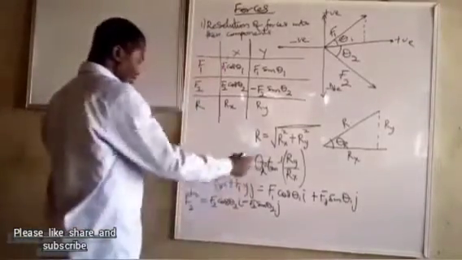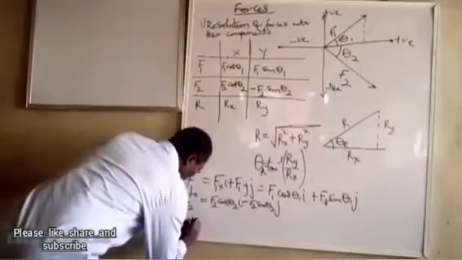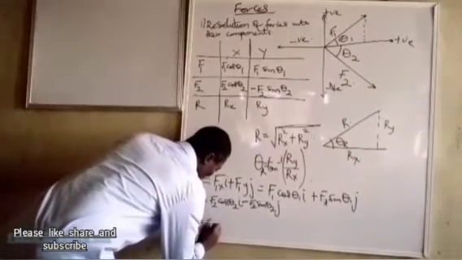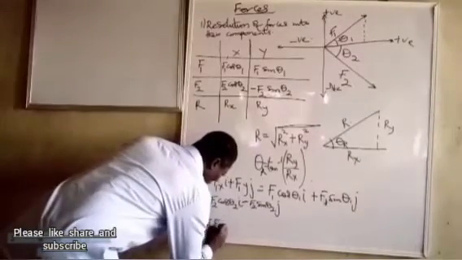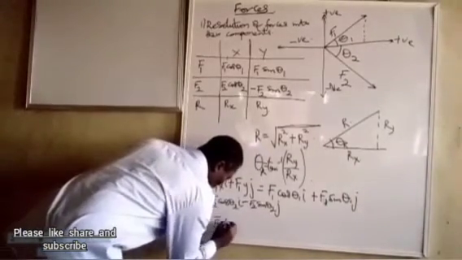And then from here, when you are adding, R will be equal to summation F, it will be F1 plus F2.